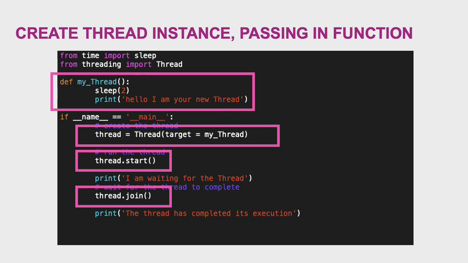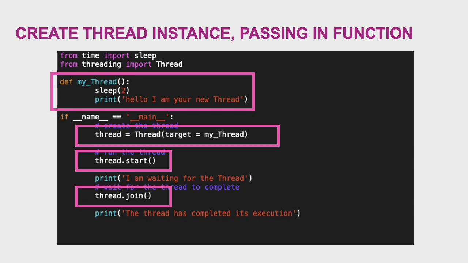Let's do a very simple recap. First, we define the myThread function. This function implements the thread logic. Second, we instantiate Thread and we pass in myThread so that the new thread will run the thread logic defined in myThread.